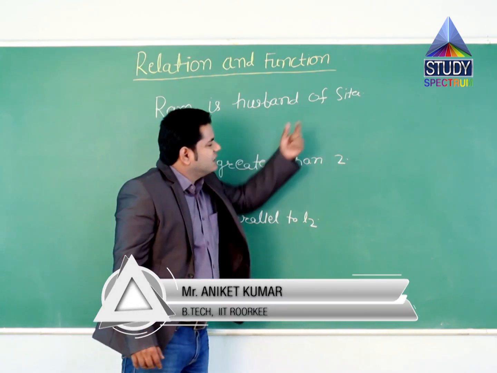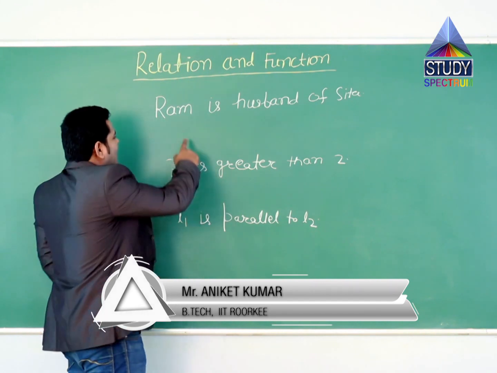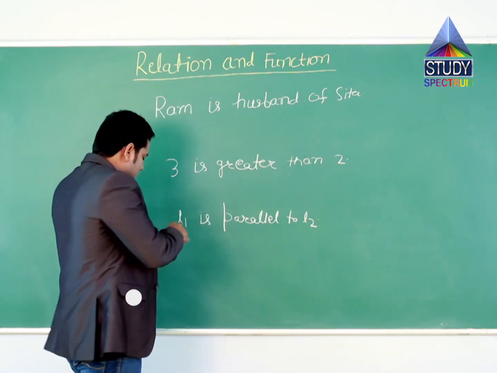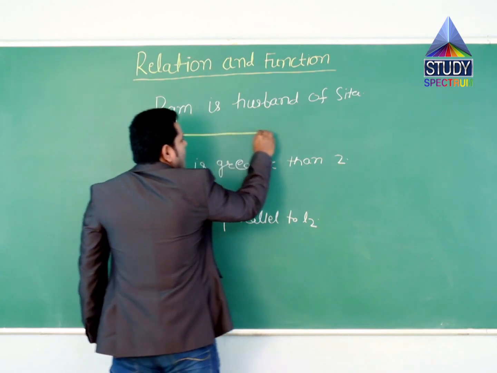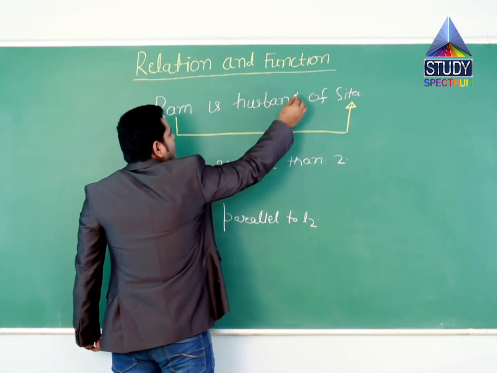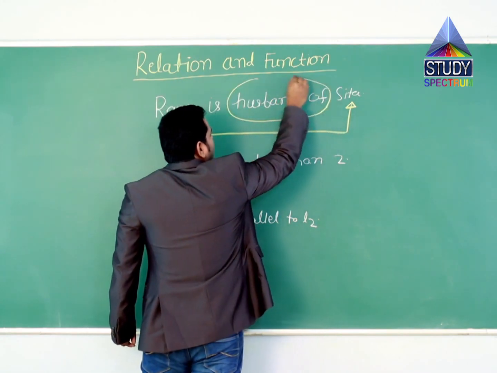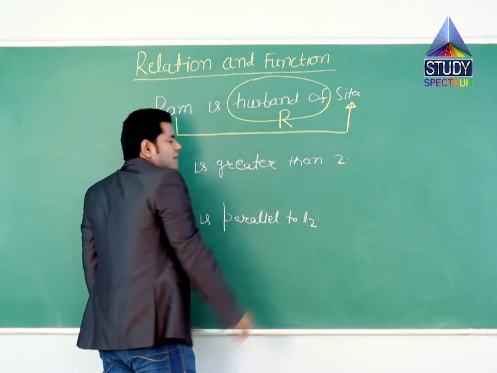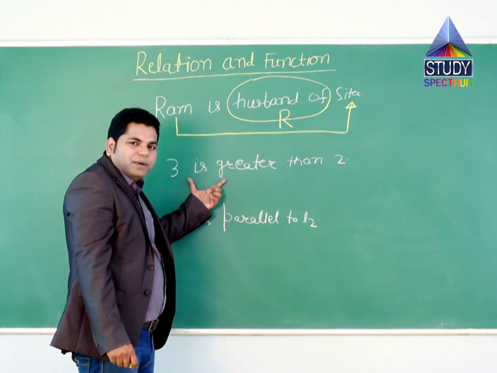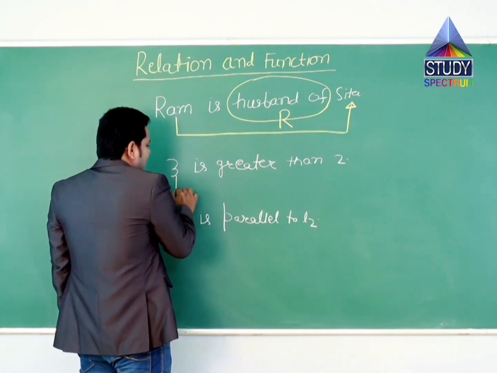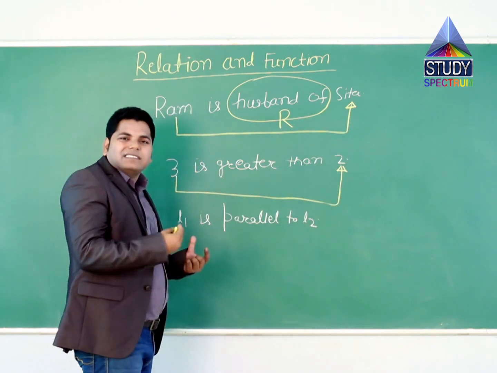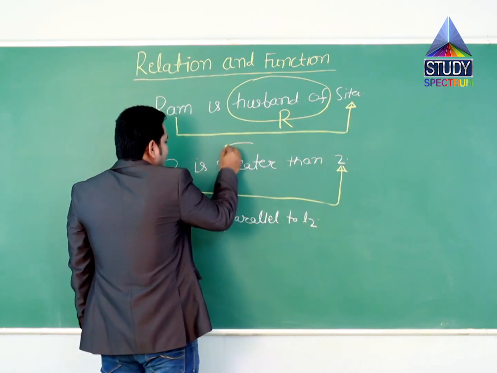Now come to the first example. Ram is husband of Sita. In this example, Ram is related to Sita with a relation, husband of. Okay. Now come to the second example. In this example, 3 is related to 2 with a certain relation which is greater than.